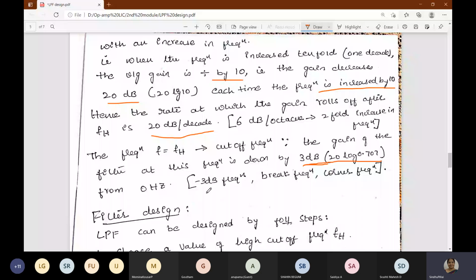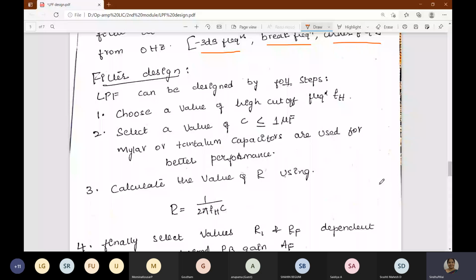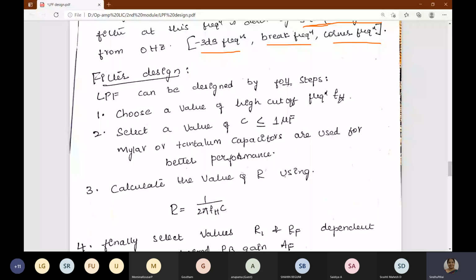Now the filter design. The low pass filter we have seen depends upon three factors. You have to choose a cutoff frequency FH, select a capacitor value which is less than 1 microfarad, and calculate the value of R using the formula R is equal to 1 by 2 pi FHC.